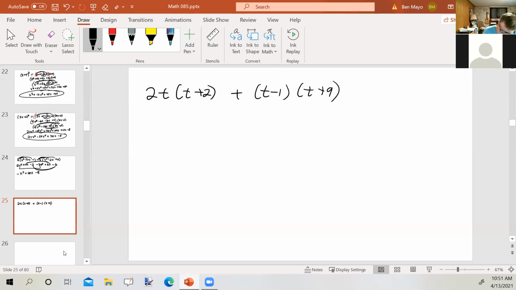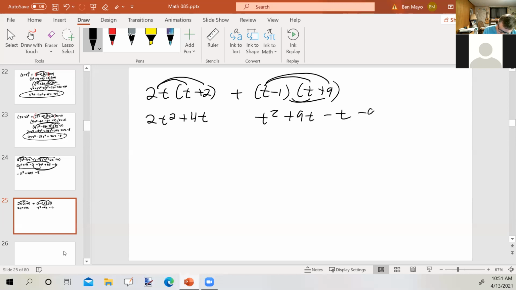So we'll start by multiplying here, 2t squared plus 4t. Then we'll FOIL these last two binomials together, t squared plus 9t minus 1t minus 9. And that's going to be plus all of that.